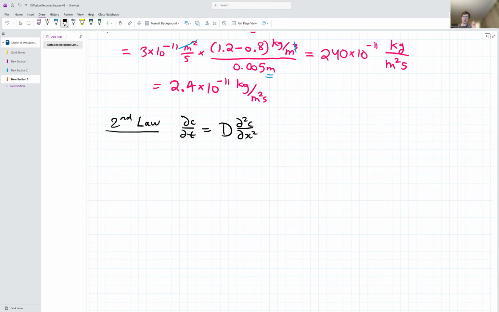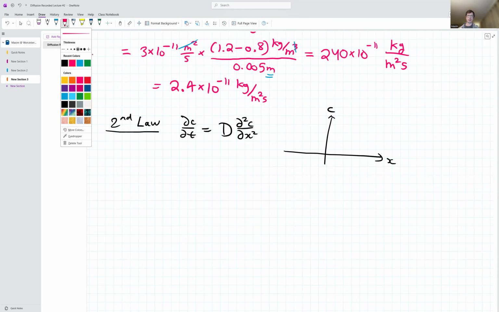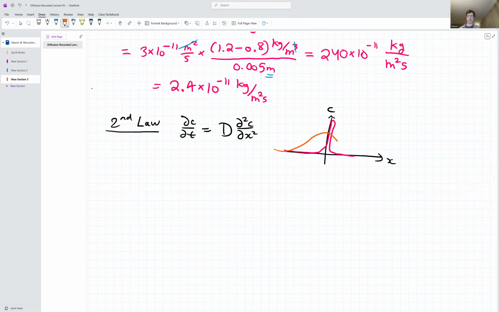So we already saw one solution that describes how concentration spreads over time, right? We assume we have some initial spike of concentration at the center of our coordinate system. Imagine some initial giant spike of concentration, and then we just watch it evolve over time. It spreads and becomes more and more spread out over time.